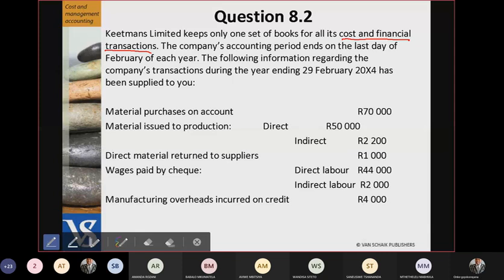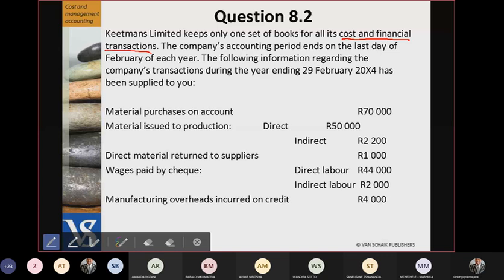Then it means that the company is using integrated, because there is no differentiation between the cost and financial transactions. They've got only one set of books for all those transactions. So you'll pick up from the heading which method or system is being used by the company.